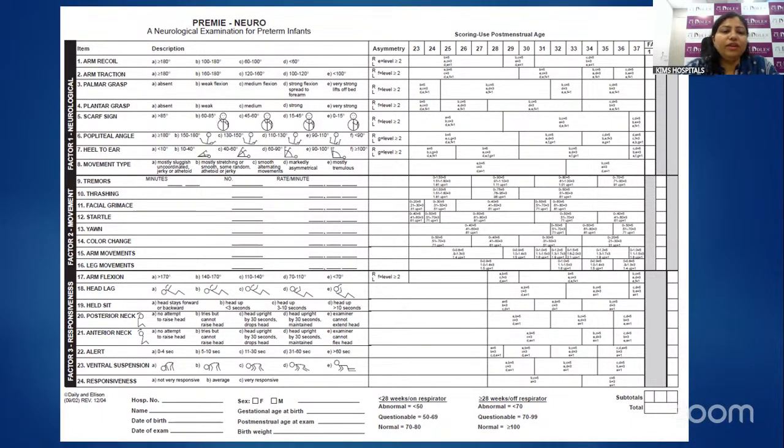So you will come to know that this many times the child has done it. You will divide it by the time and then you will find out the rate. Likewise, there are facial grimaces, startle, and all these things; you really need to observe other places also while you are performing one thing.